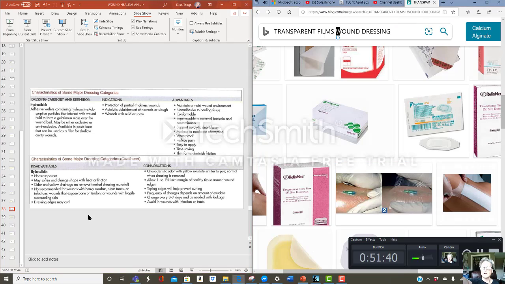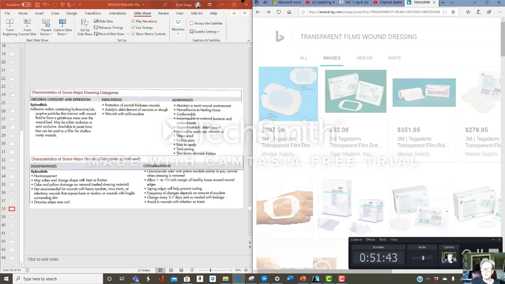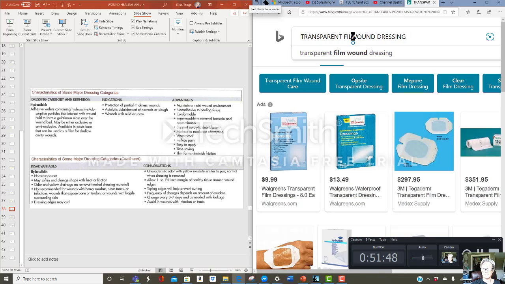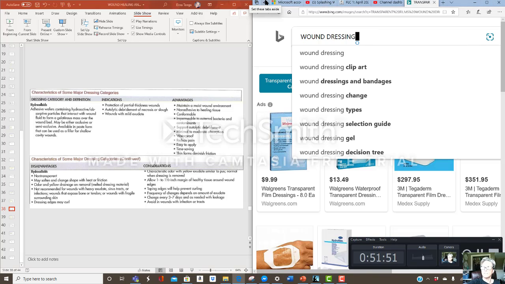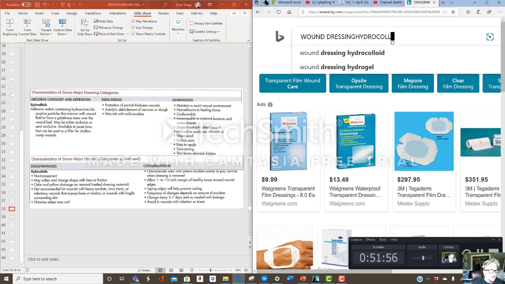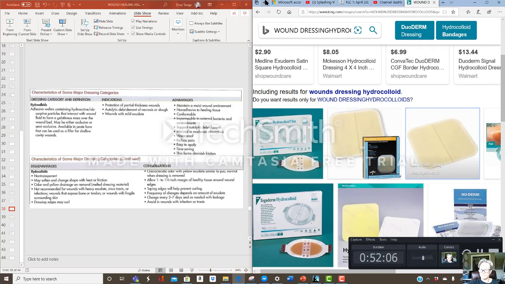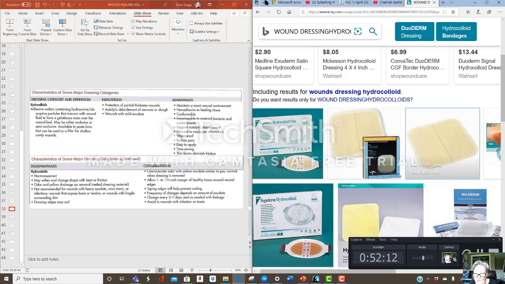Now let's look at hydrocolloids. Tegaderm also makes a hydrocolloid thin right here.